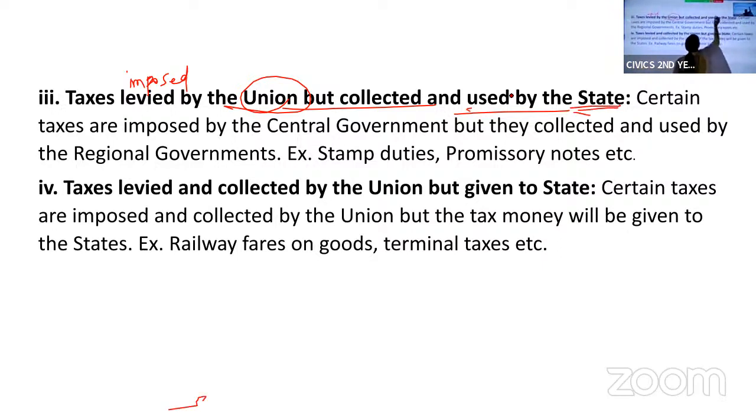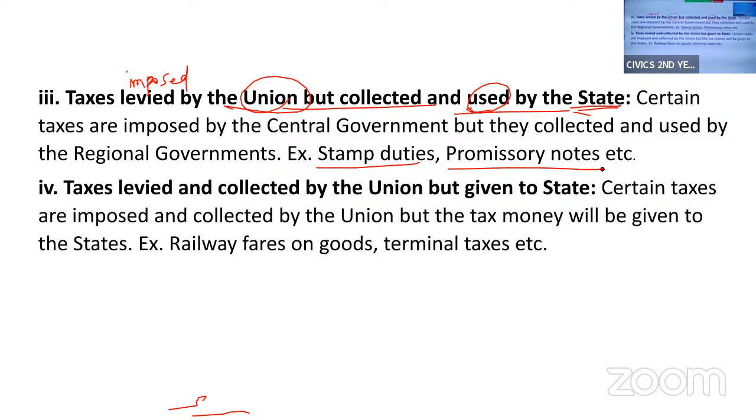The state government is using the tax. The tax is imposed by the central government, but it is collected and used by the state government. For example, stamp duties, promissory notes. All of this is imposed by the central government, collected and used by the state government.